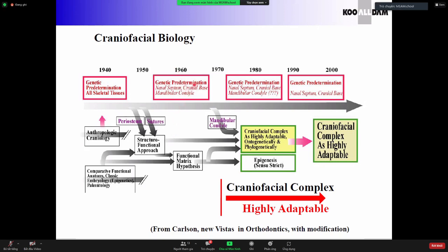In 1960, nasal septum, cranial base, and mandibular condyle were considered from genetic origin. Among them, the mandibular condyle is the problem or some issue. And finally, in 1990, nasal septum and cranial base are from genetic origin. So this means the craniofacial complex is a highly adaptable structure.